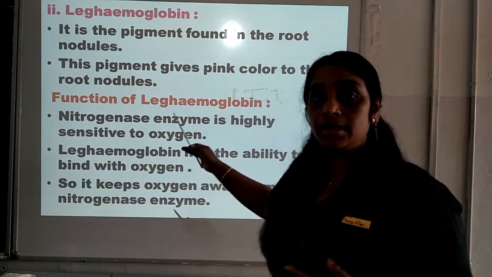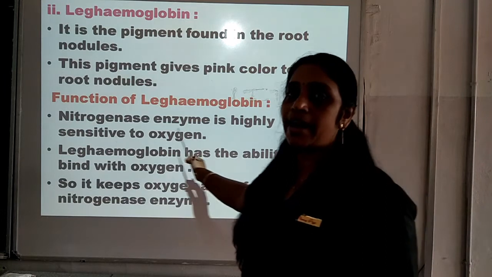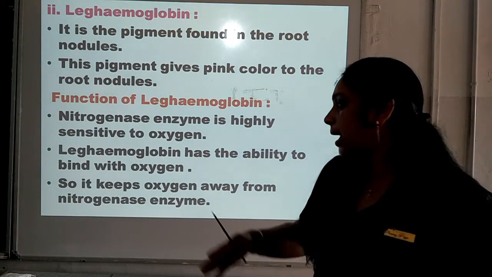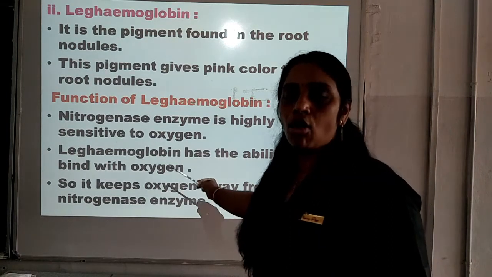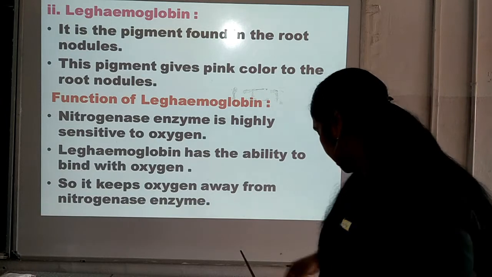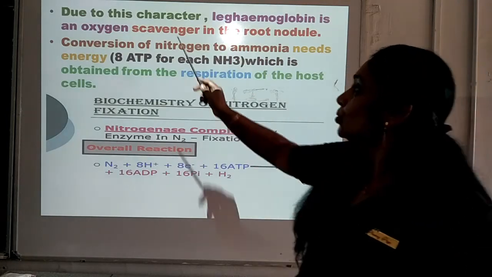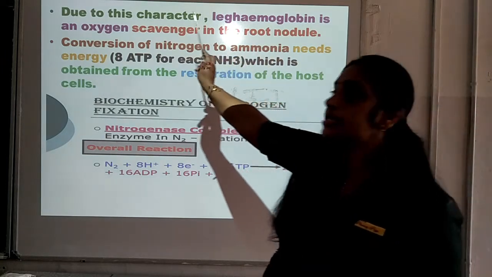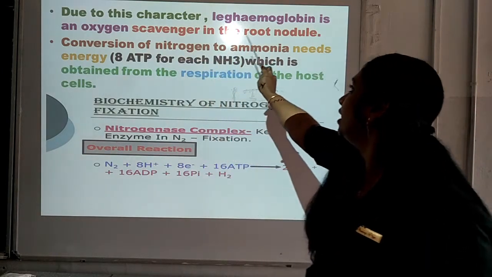It has the affinity or ability to bind with oxygen. So this hemoglobin will bind with oxygen, keeping the oxygen away from the nitrogenase enzyme. So we can say that due to this character, leg hemoglobin is an oxygen scavenger in the root nodules.